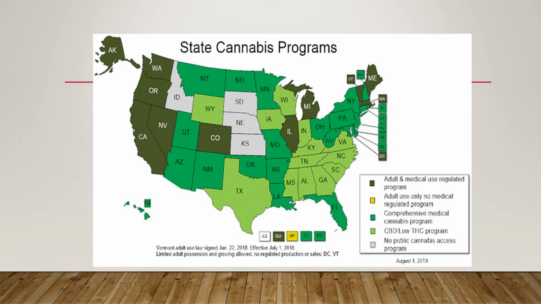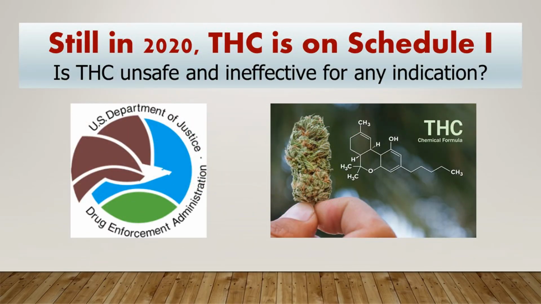As of 2019, a total of 33 states and the District of Columbia, Guam, and Puerto Rico have approved a comprehensive public medical marijuana cannabis program. 12 states allow recreational use of marijuana, and 13 states allow the use of low THC, high cannabidiol, which is CBD, products for medical reasons in limited situations or as a legal defense.